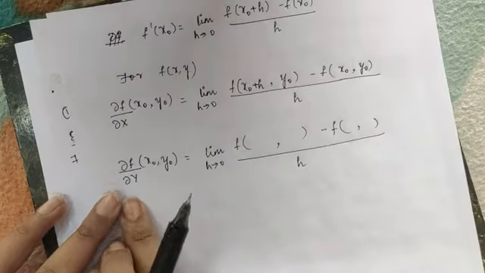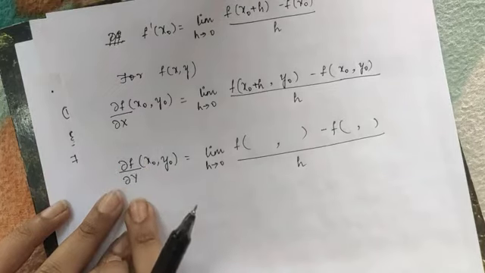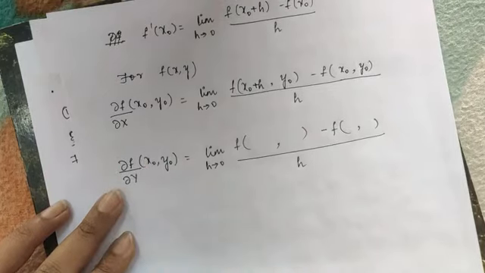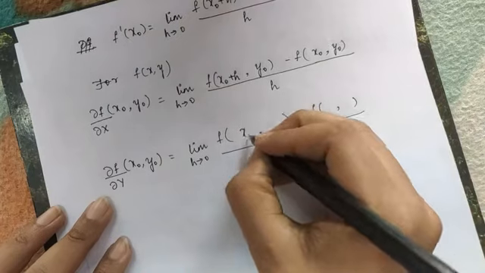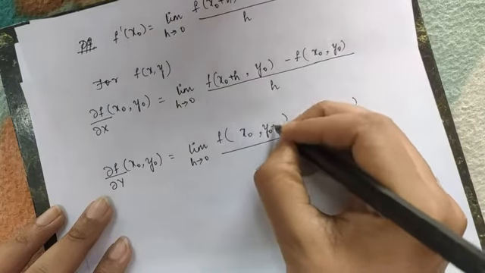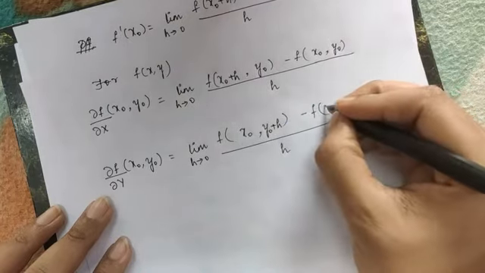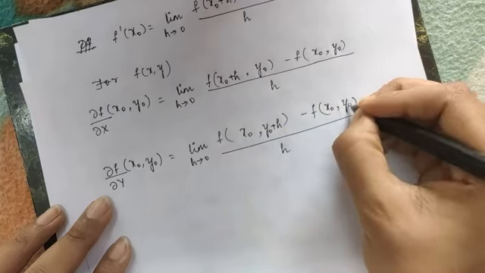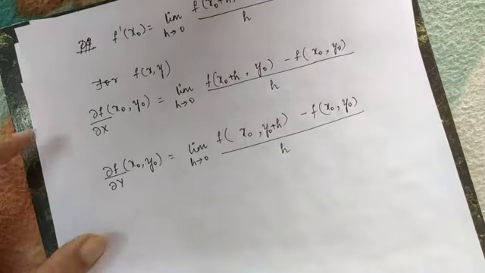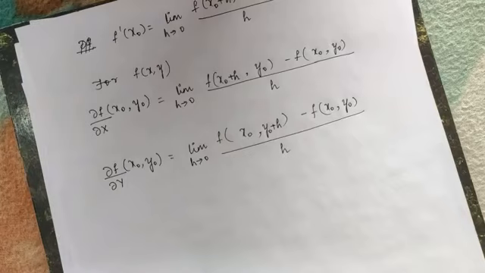Here I am differentiating my function with respect to y, so I have to keep the x terms constant. So x0 comma y0 plus h minus x0 comma y0. So this is nothing but a geometrical interpretation of partial differential equations.